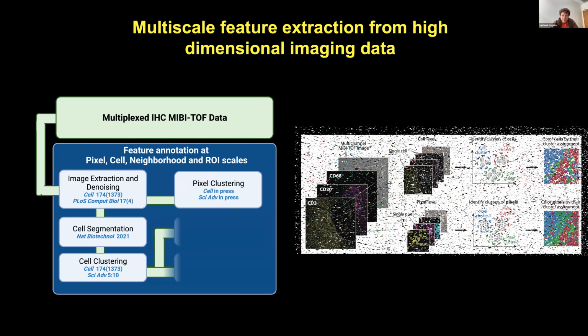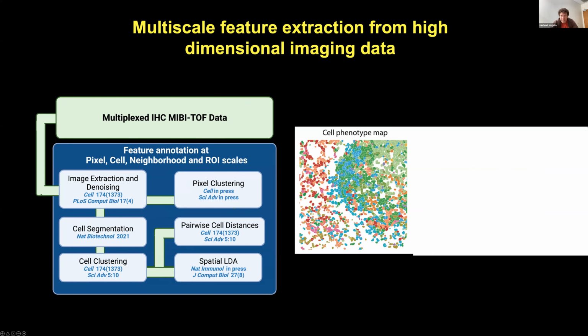Once we've done cell segmentation and cell clustering, we can produce something like this, called a cell phenotype map, where every single cell in the image is colored by what type of cell it is. From that, we can identify cell neighborhoods, which are recurring cell types that tend to occur together in the tissues.